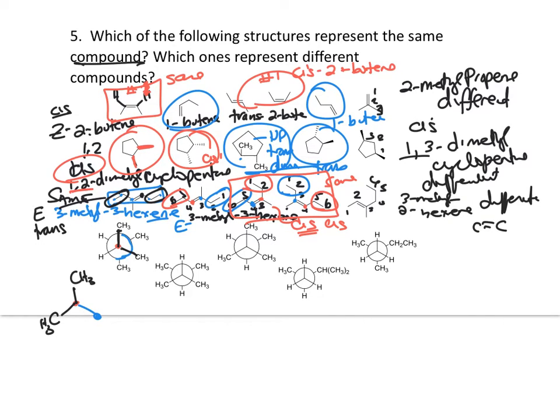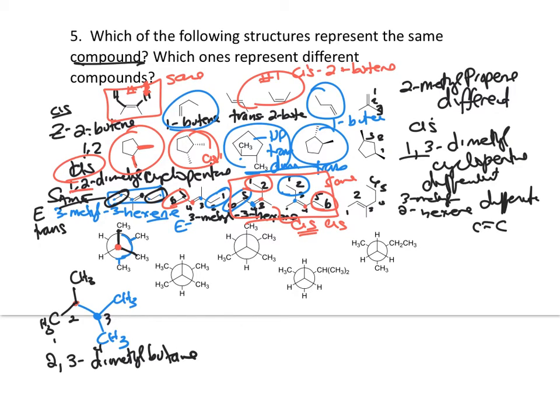So this red carbon has 2 CH3s, and then the blue carbon has 2 CH3s. So that is a CH3 and a CH3. And so then we name this 1, 2, 3, 4. So it's 2,3-dimethylbutane.